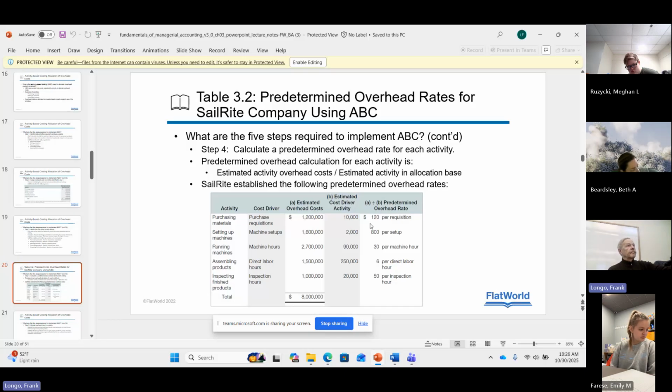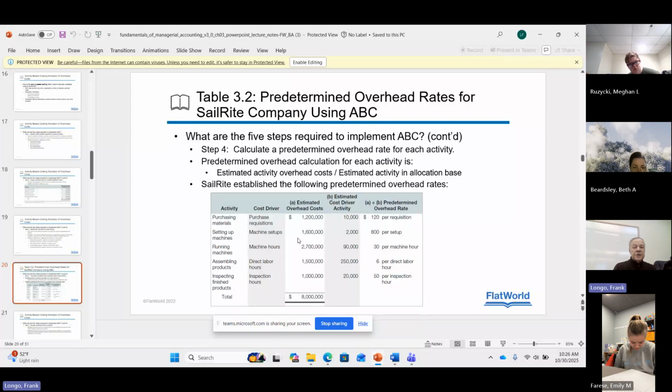Every time we requisition, remember requisitioning materials, we want to take it from the warehouse and put it into the factory. We estimate that that will cost us $120 each time. We do the same thing with all of the other estimated costs.